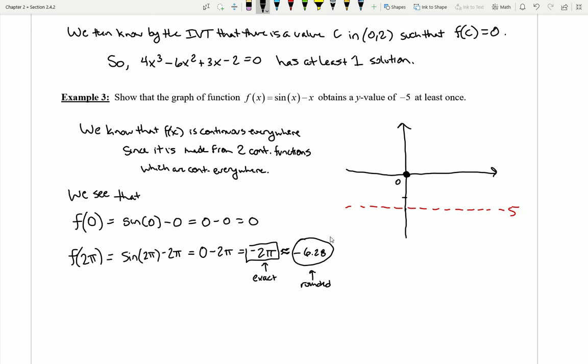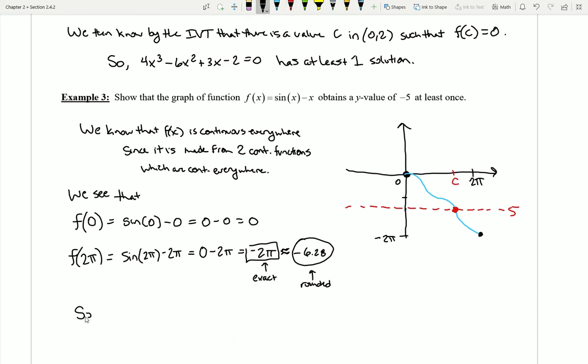Notice though, this is a value that's going to be low enough. So if 2 pi was over here, negative 2 pi would be down here. And since my graph is continuous, I know that eventually I'm going to cross. So there is definitely going to be some value where we hit -5.